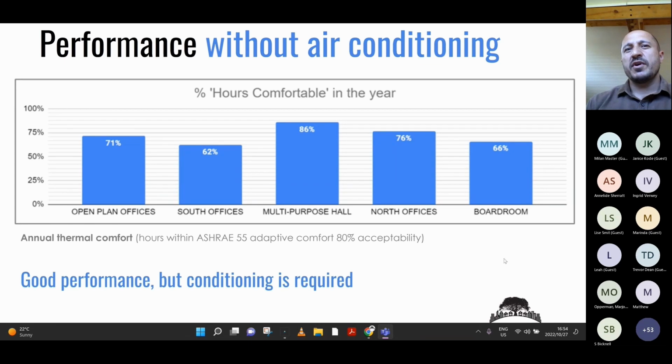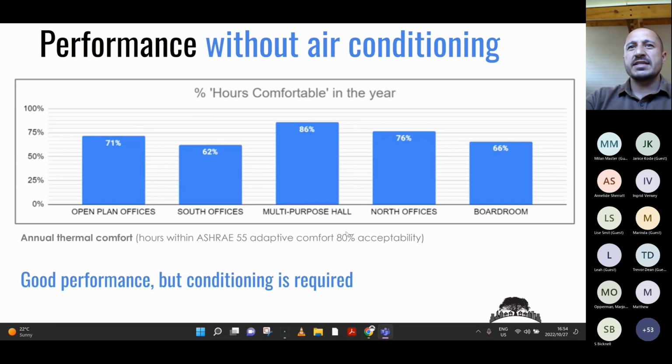We found that it was doing okay in terms of the ASHRAE 55 adaptive comfort standard. It's doing okay for a large percentage of the year, but a lot of these spaces you still would need to condition. It's not acceptable to be sitting at 60% in your offices.